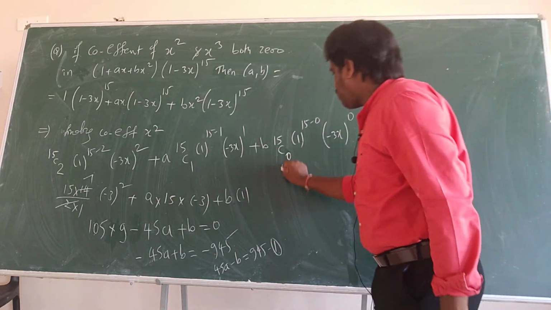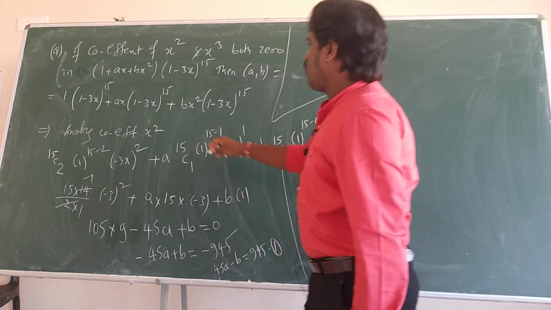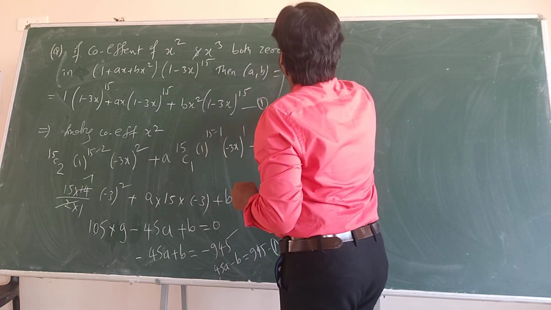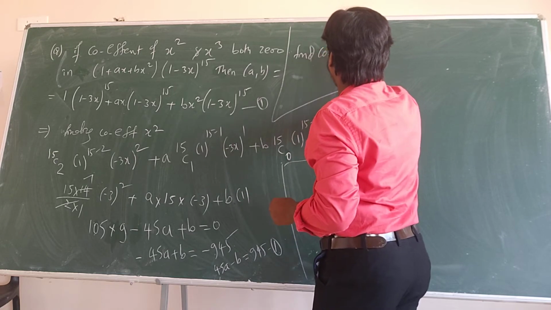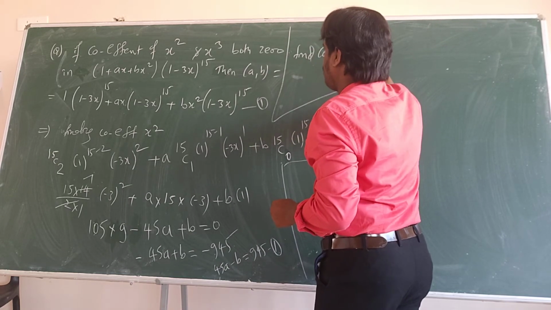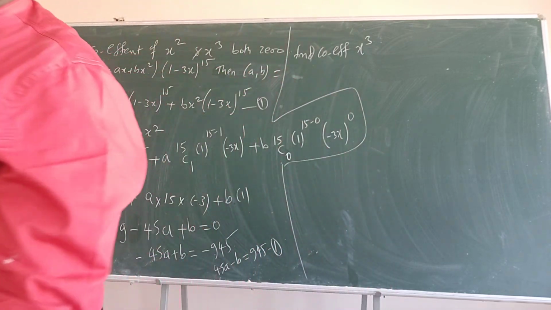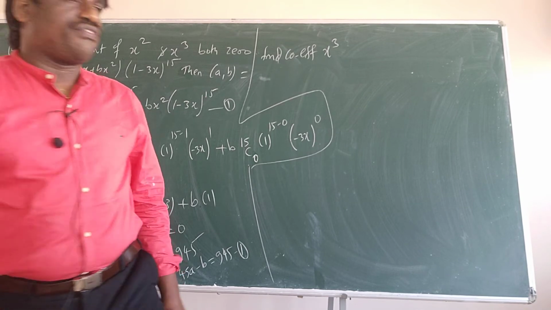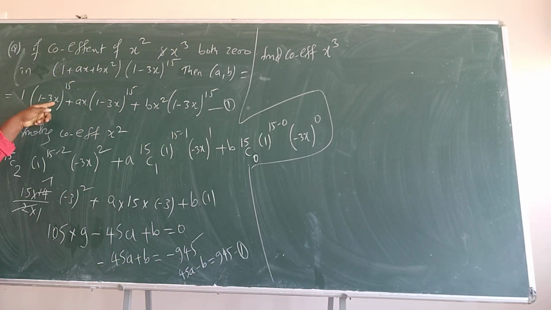So the next part is what we do here: the coefficient of x cube. We are going to find the coefficient of x cube. In this, x cube means the third term.